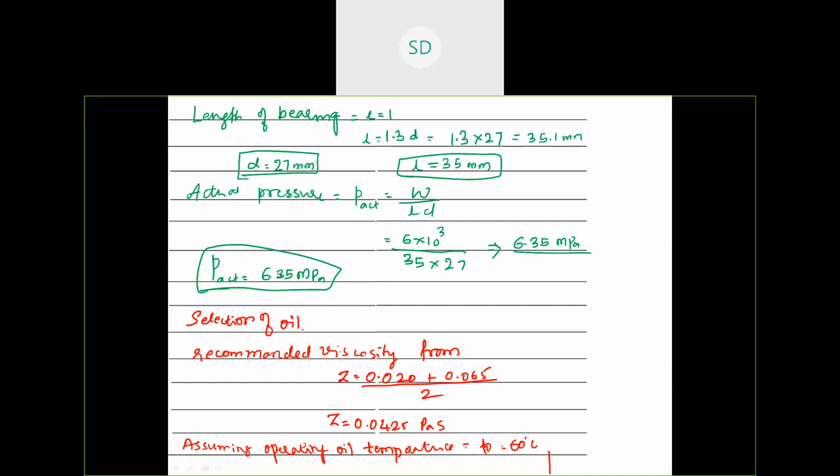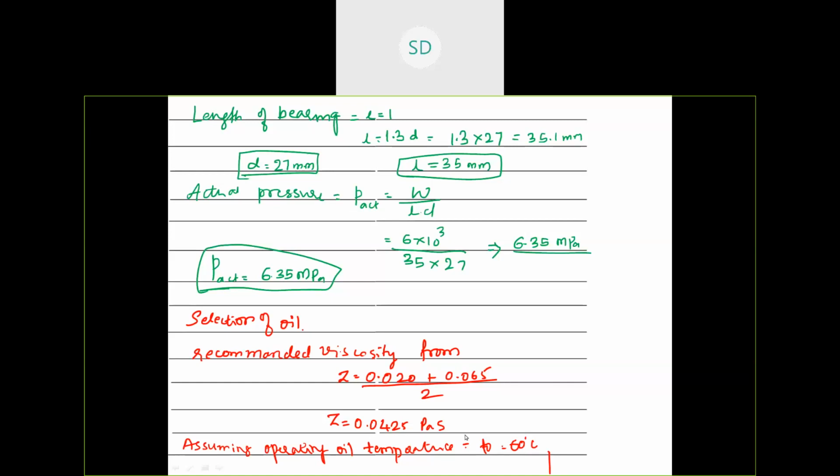For the selected component, the main bearing for a crankshaft, the recommended viscosity of oil is in a range from 0.0202 to 0.065 Pascal seconds. Now we'll go for the average of this value, so you are going to get 0.04 to 5 Pascal seconds.